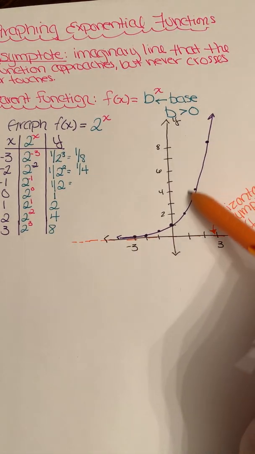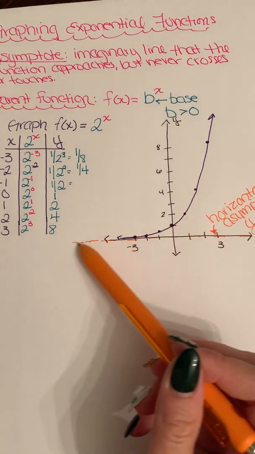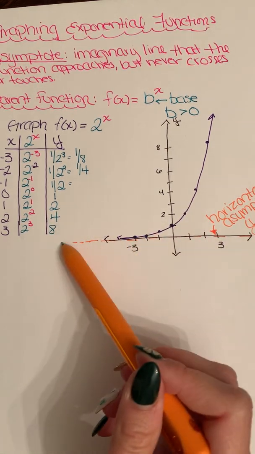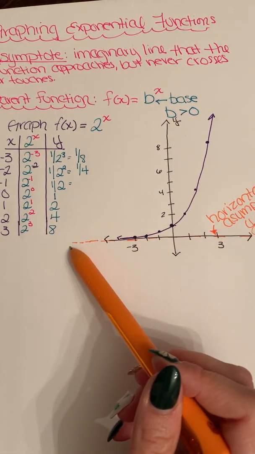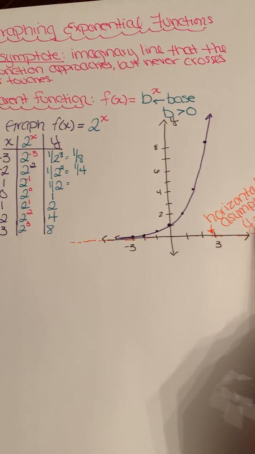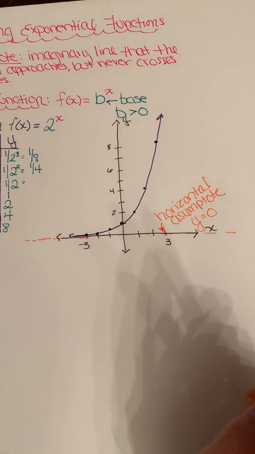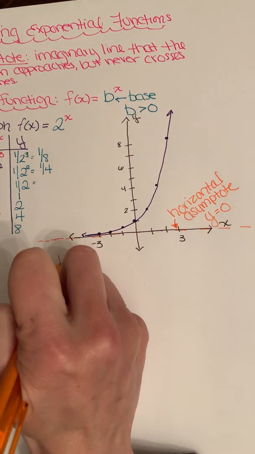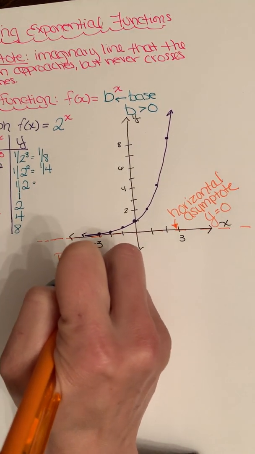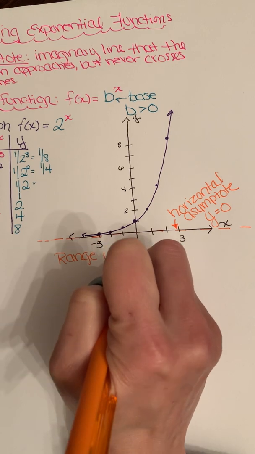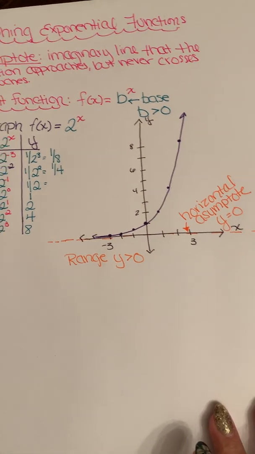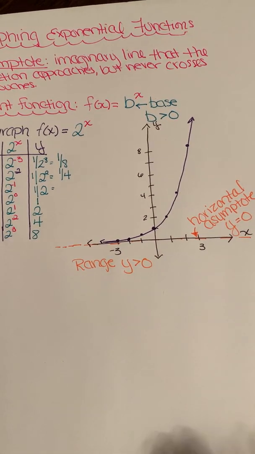So this function cannot ever have that value for y. So your horizontal asymptote also tells you your range, right? So our range would be y is greater than 0. It's not greater than or equal to, it's greater than 0 because y can never be 0.